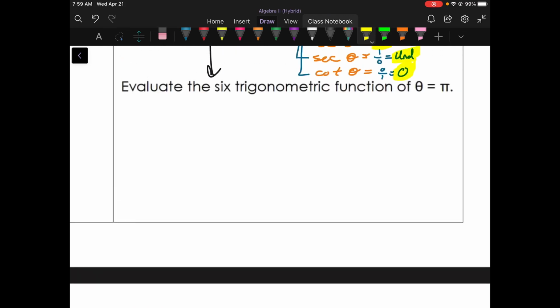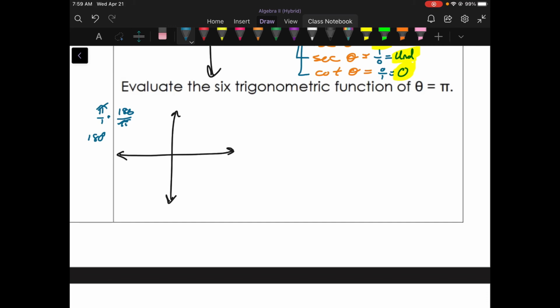So I'll do one more here. Evaluate the 6 trig functions of theta equals pi. So if you want, you can convert that to radians. If you take pi over 1 times 180 over pi, you just get the pi's to cancel, so it's basically just 180 degrees. But we should really know pi over 2, pi, 3 pi over 2, and 2 pi as quadrant angles.